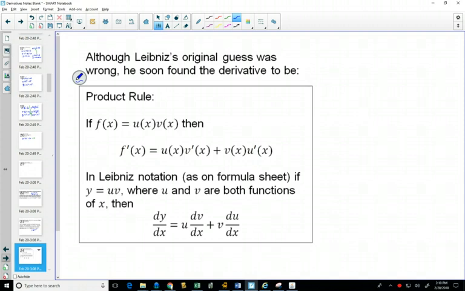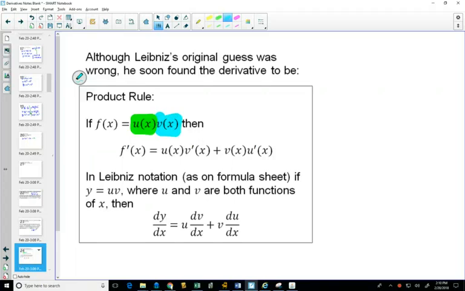Does that look simple? It does look cool. What does it mean? Well, it means if you have two functions, and we're going to color code things here because it's going to be so much easier, I'm going to color code one in green and one in blue.